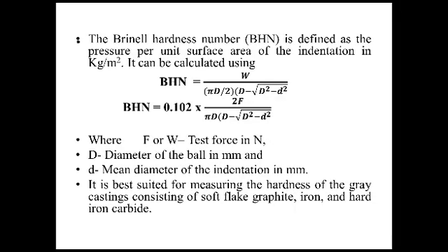BHN is the Brinell hardness number, and it is defined as the pressure per unit surface area of the indentation in kg per meter square. It can be calculated by the formula below.